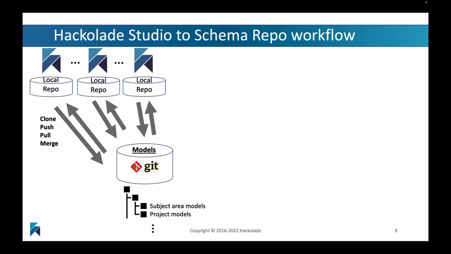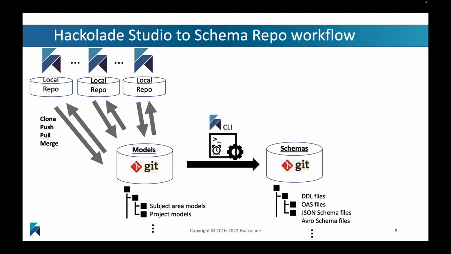We are going to store our models in these repos, and time and time again, we're going to be uploading those models to the centralized remote copy of the Git repository, so that we can integrate this super easily through potentially the Hackolade command line interface to, for example, generate schemas, right? DDL files, JSON schema files, Avro schema, whatever it might be, right?